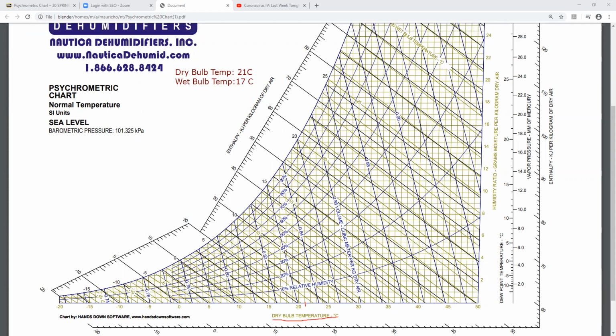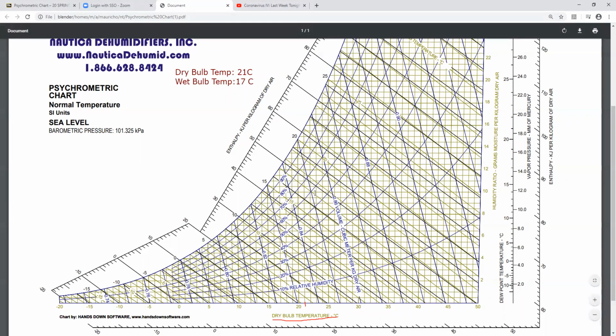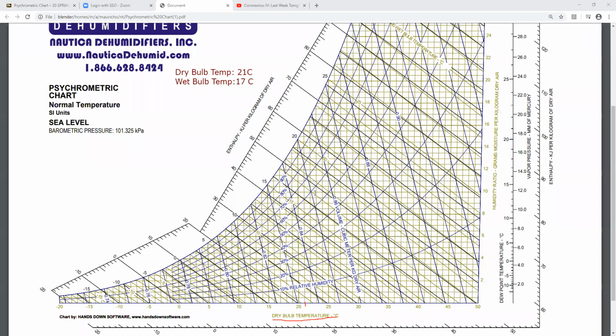So the next line would be 16, 17 would be here, right? Oh, it doesn't let me write. Yes. So this is 15, this is 20, this is 19, 18, 17 would be this line here. This is our 17.